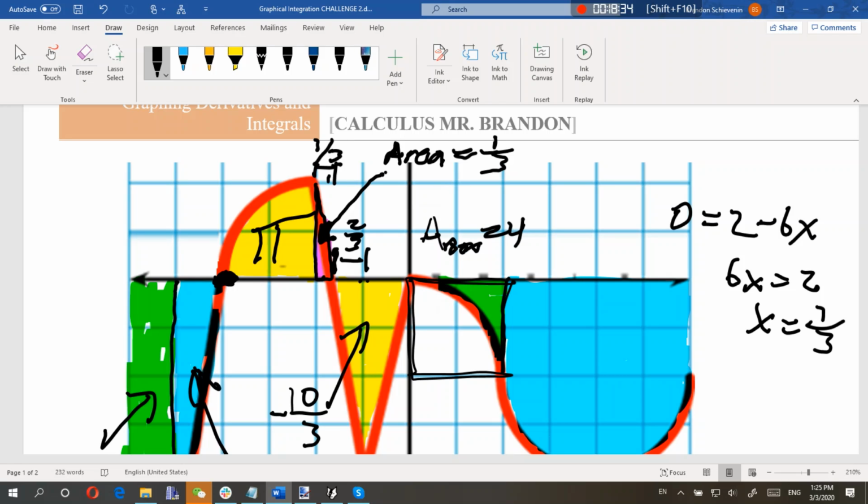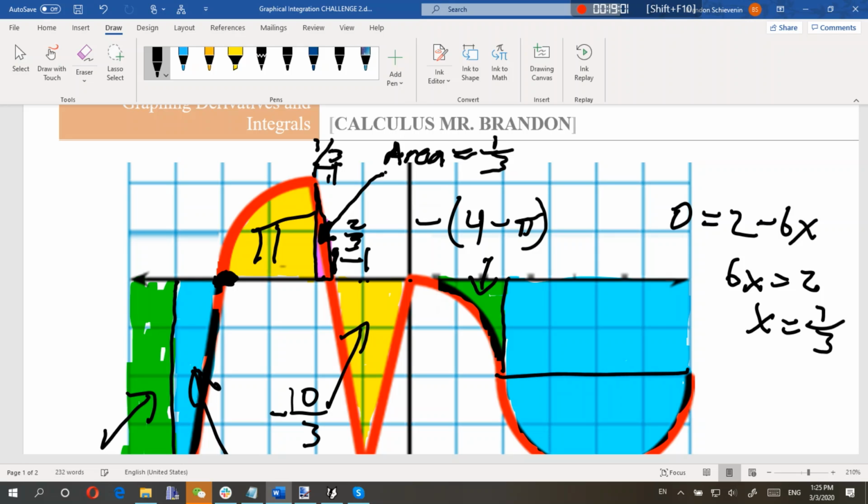The area of this quarter circle is pi. So what should the area of this green part be? 4 minus pi, and it is negative. So that's negative 4 minus pi, or negative (4 minus pi), is the area of this green space. Or if you wanted to, you could say this is pi minus 4.